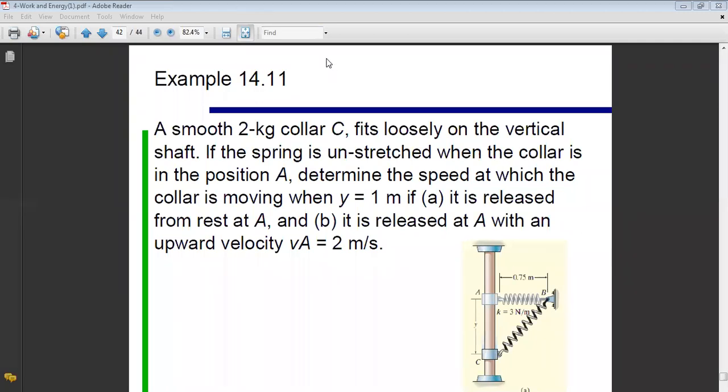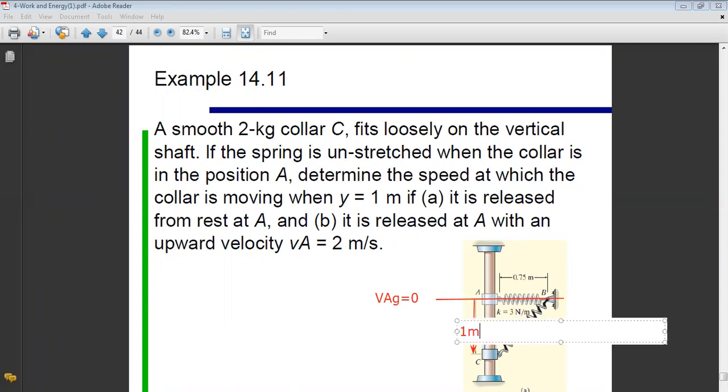So we were talking about the gravitational potential. At the initial position of A, since we choose it as a reference, VA gravitational is equal to 0. Now we want to find VC gravitational. As you can see, they said that the collar moved a distance of 1 meter. So we know that C is below the datum by a distance of 1 meter.